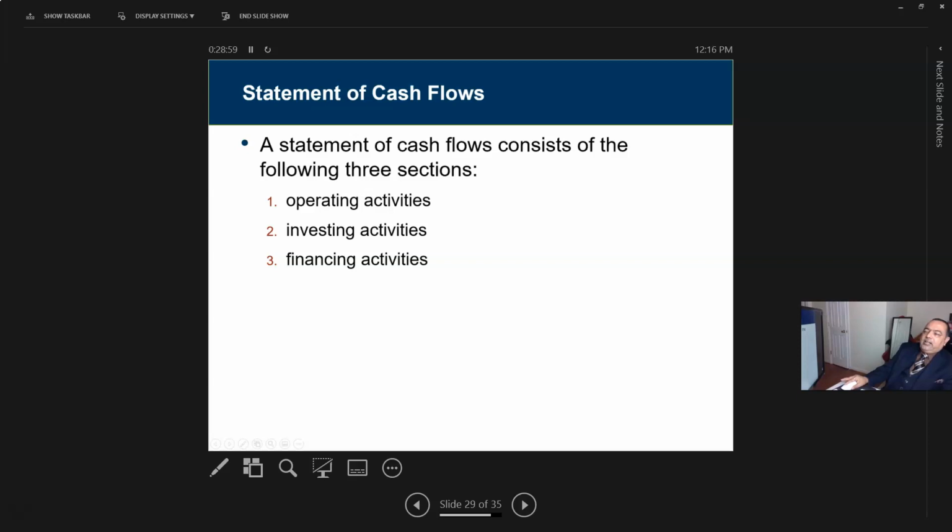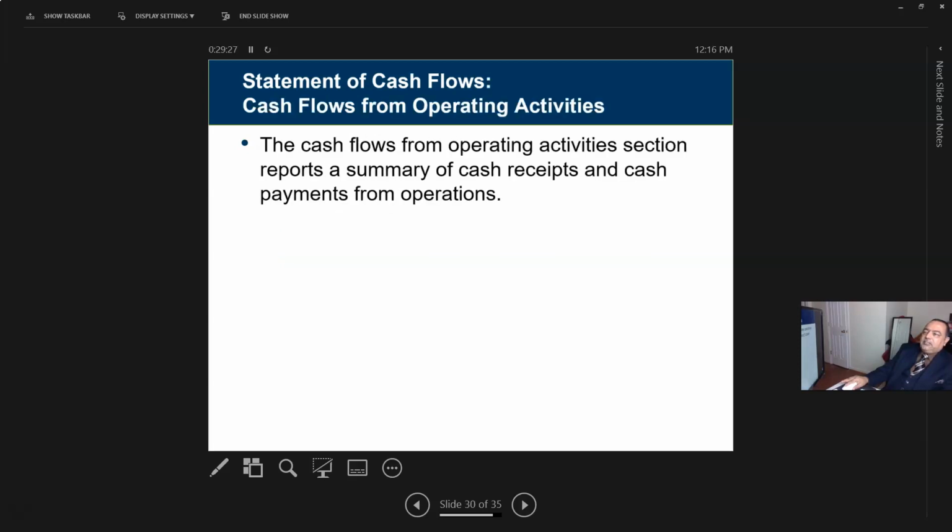Investing is, as the name suggests, in what areas you are investing your money, buying your long-term assets for future use. And financing is how you are using your finances, who is providing the finance. Are you borrowing, or are the owners giving you the money, or how much money you're paying them back as dividends. So that would be your financing activities. Those are the three activities.